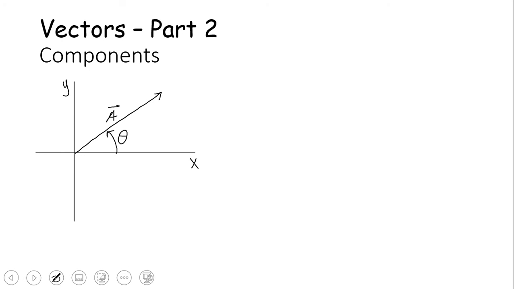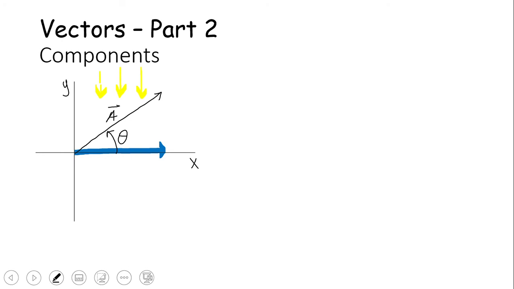Now let's do the following thought experiment. Let's assume that the x and y coordinates are both screens, and the vector a represents a barrier dividing the two. Let's say first of all that we shine a light from above onto the x-axis. That light will be partially blocked by the vector a, which will cast a shadow on the axis, like so.